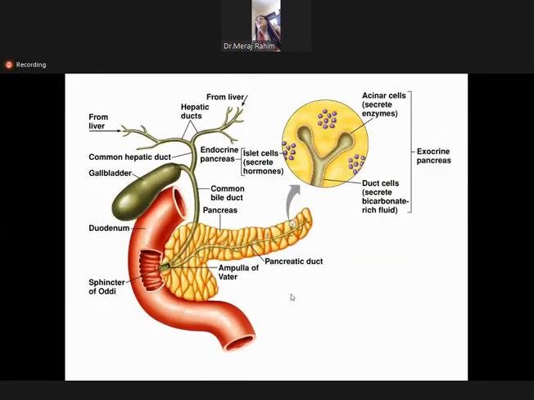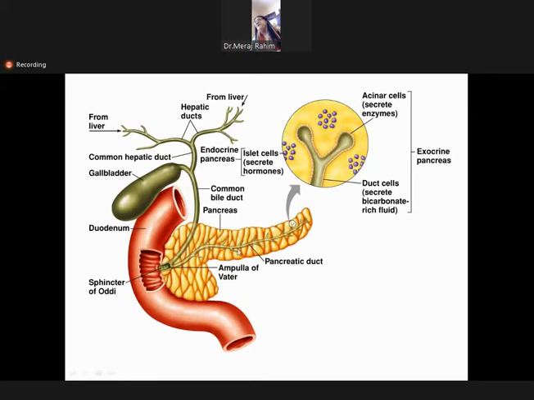Now look students, this is the C-shaped duodenum. This is a clear picture showing you the liver, and these ducts are coming from the liver. These are hepatic ducts, and they get joined by the gallbladder duct, the cystic duct, then it forms the common bile duct.